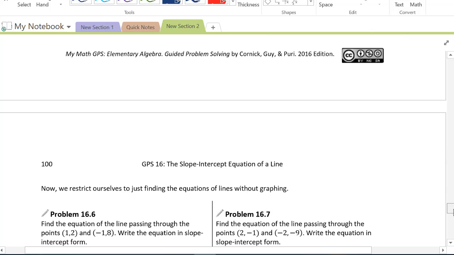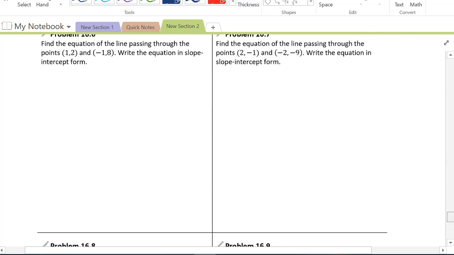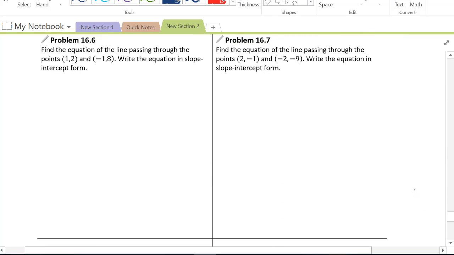Okay? Let's go on. So same situation here with all these problems, right? Find the equation. So there you go. When you find the equation of a line, remember, we need to use the point slope formula: y minus y1 equals m times x minus x1.